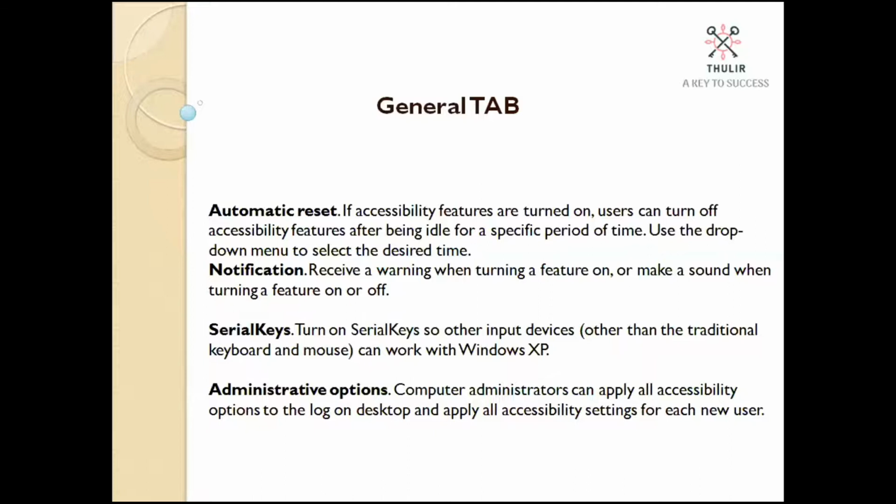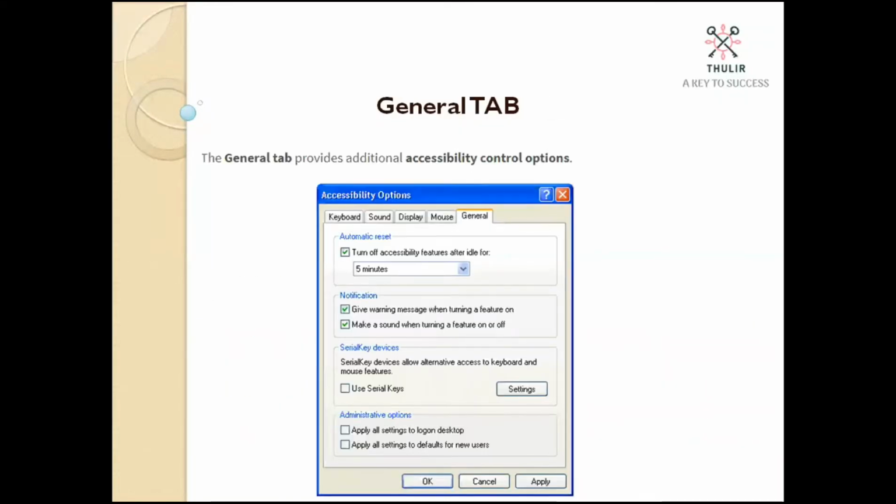And then the last is the administrative option. Under this administrative option, you have two options: apply all settings to logon desktop, and apply all settings to defaults for new users. As the name implies, the administrative options pertain only to the users.